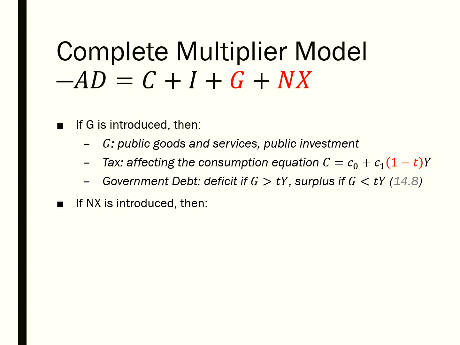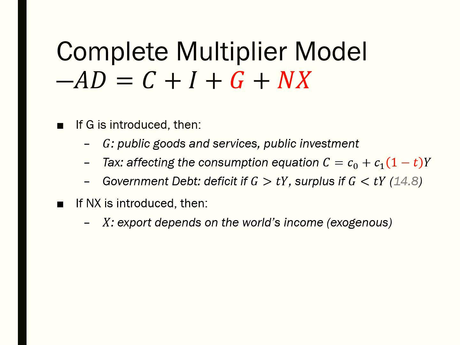If G is greater than TY, where T is the tax rate, then that means the expenditure is greater than the tax revenue this year. Then you will have a deficit, and the government will have to borrow money from the public to finance its expenditure. On the contrary, if G is less than TY, then the government is running a surplus. The story about the government debt is introduced in 14.8, if you're interested.